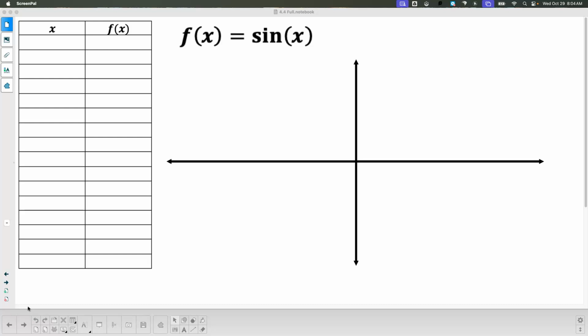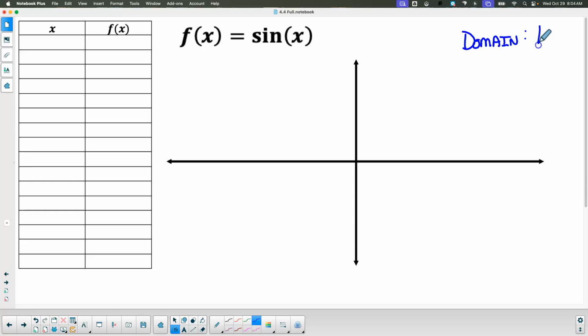For us, these are functions, and all of these functions have a domain of all real numbers. There is not an angle, because remember the inputs are angles, that you can't put into sine or cosine and get out a value.